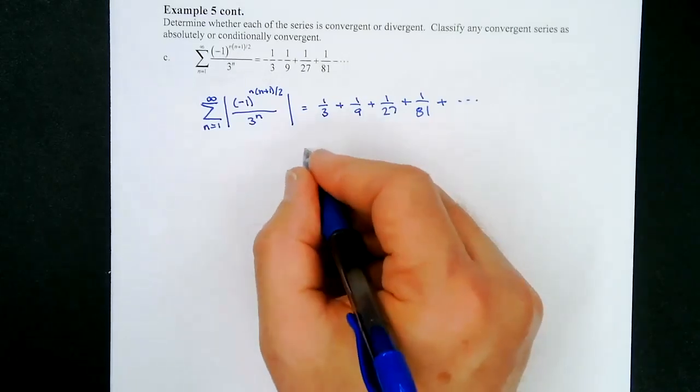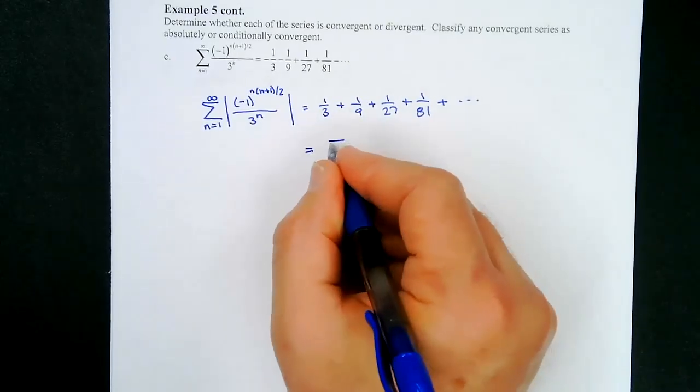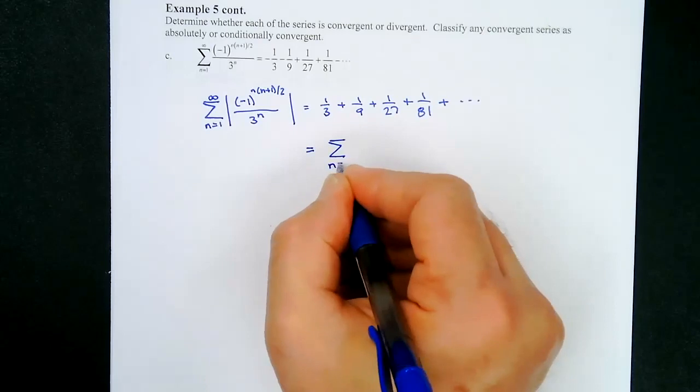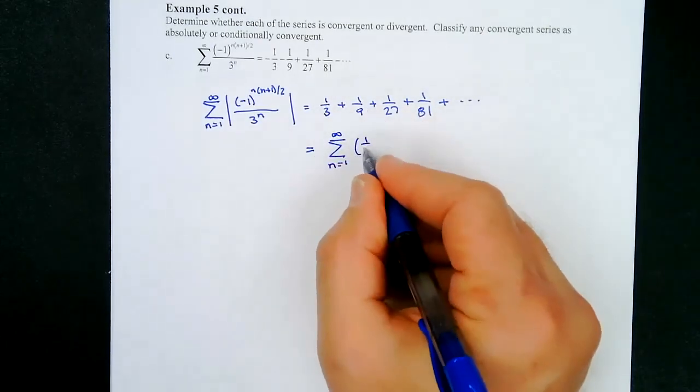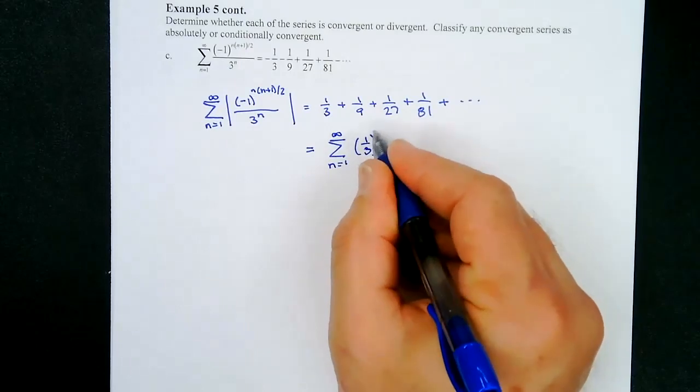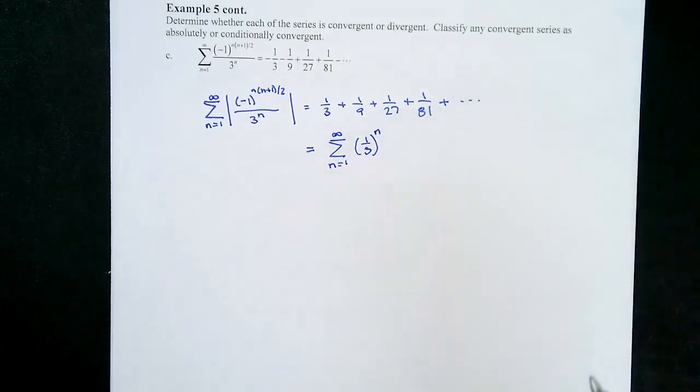So we could rewrite this as the sum from n equals 1 to infinity of (1/3) raised to the n power. And what do we know about this?